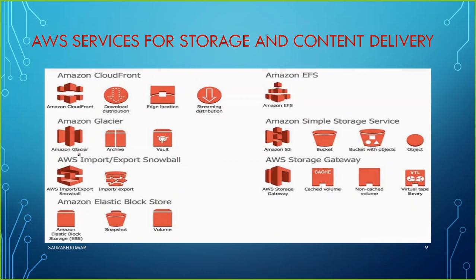The vault looks like this, Amazon Glacier, AWS Import/Export, Snowball. This is for snapshot, this is for volume, this is for EBS, Amazon Elastic Block Store. We have Amazon Simple Storage Service like S3, bucket, bucket with object, object, Amazon EFS.